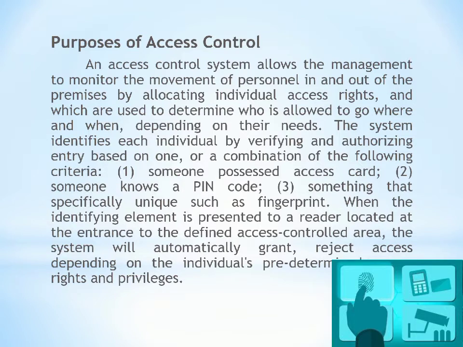Something specifically unique, such as a fingerprint, when the identifying element is presented to a reader located at the entrance to the defined access controlled area. The system will automatically grant or reject access depending on the individual's predetermined access rights and privileges.